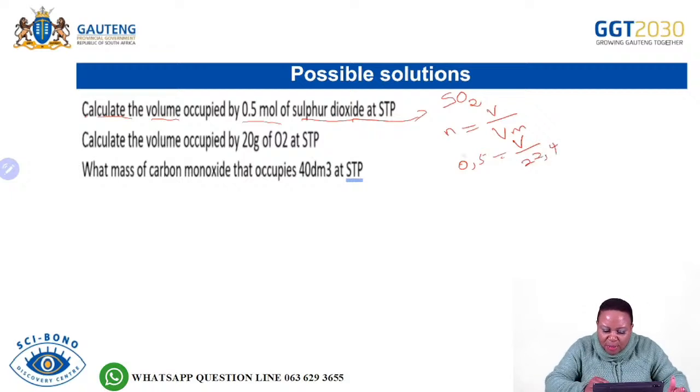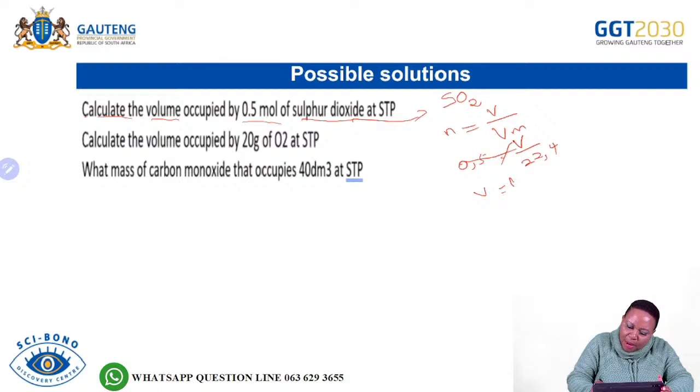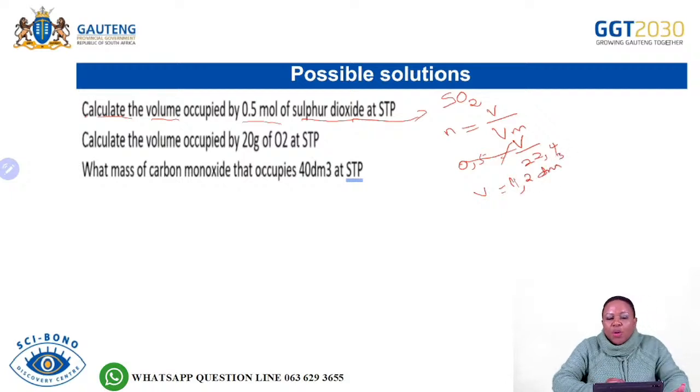So when you cross multiply to calculate the volume, and you need to remember the units of volume, it is going to be 0,5 multiplied by 22,4. And the answer that you are going to get is 11,2 decimeter cubed, which is the volume that will be occupied by that gas of 0,5 moles at STP.